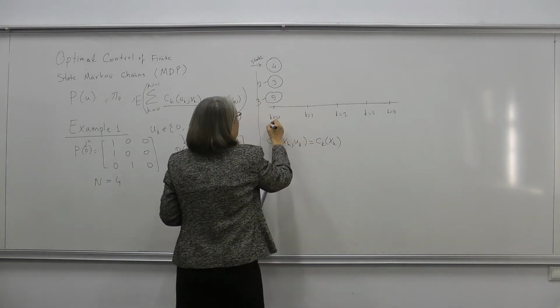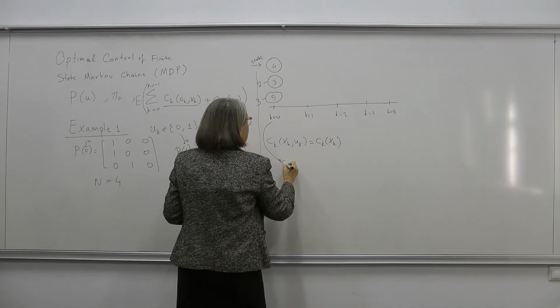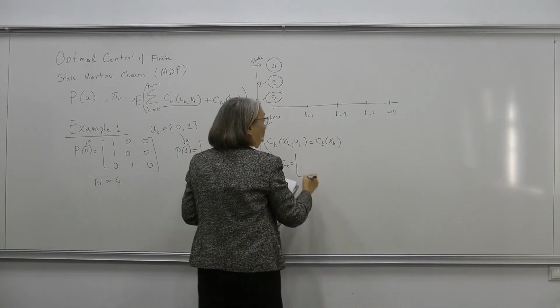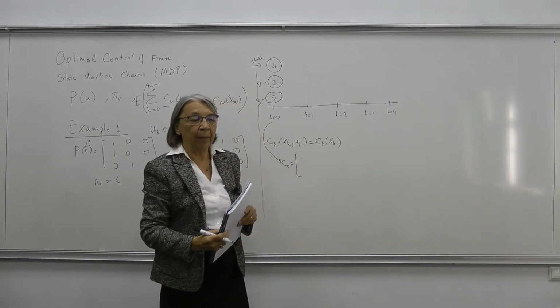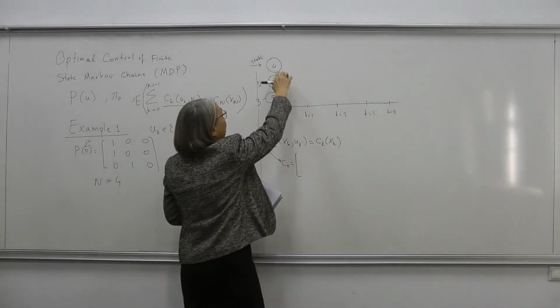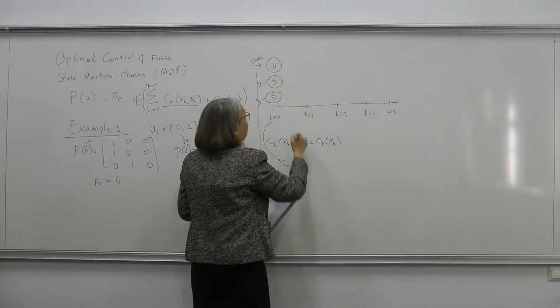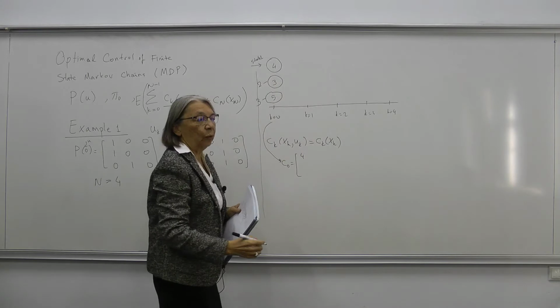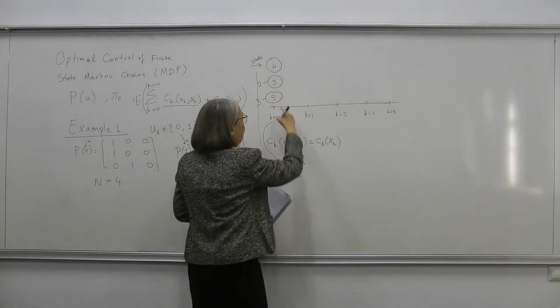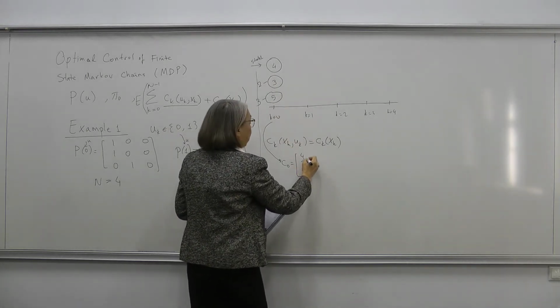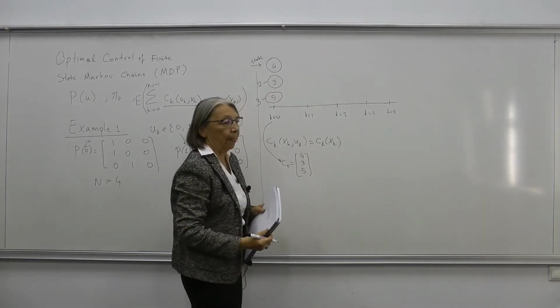Therefore, I can write here for this time k, C0 as a column vector with 3 elements. The first one corresponds to state 1, which is 4. The second one corresponds to state 2, which is equal to 3. And the last one corresponds to state number 3, that is equal to 5.